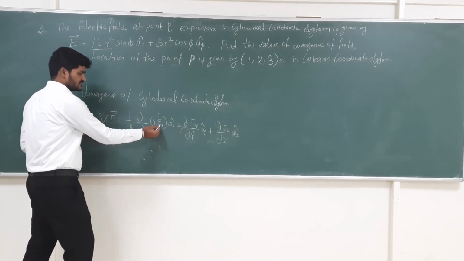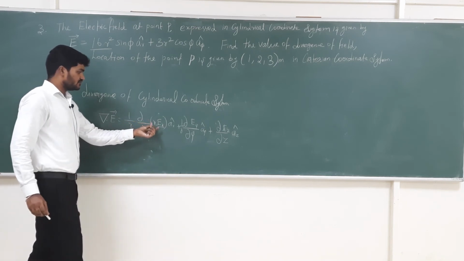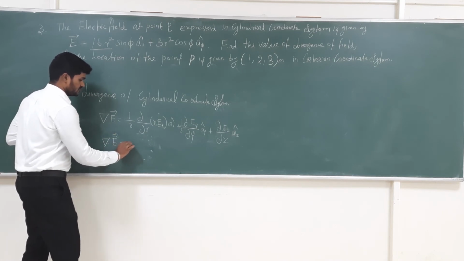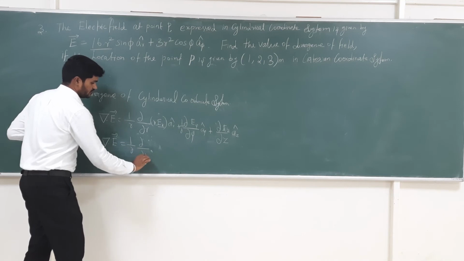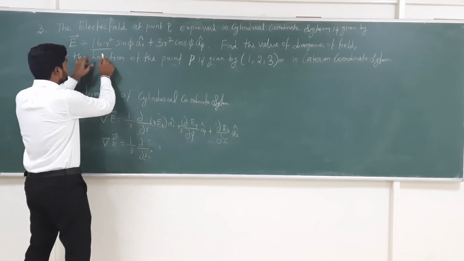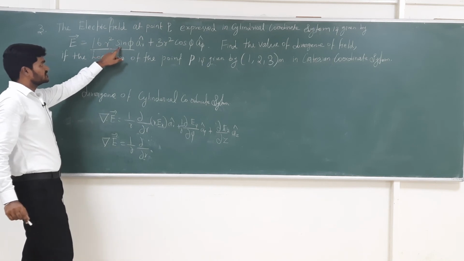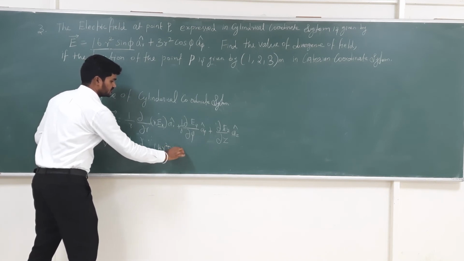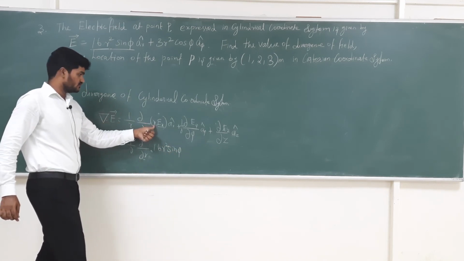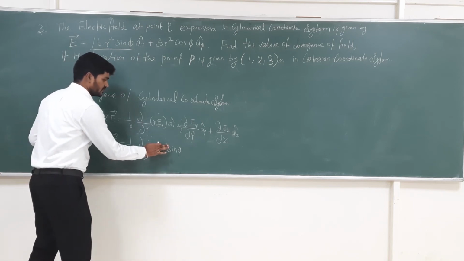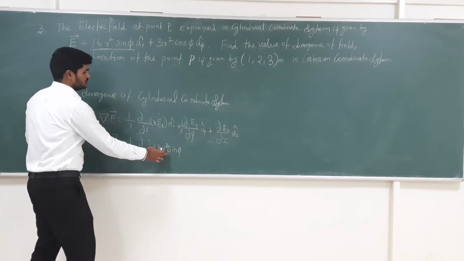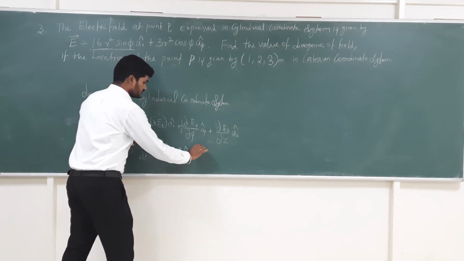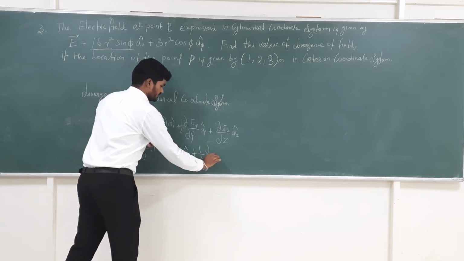The first term is E_r, so substitute the magnitude value in the r direction. Del dot E vector: 1 by r ∂/∂r. The magnitude in the r direction is 16 r square sin φ. Here one more r is there, so multiplying with this function it becomes r cube. So 16 r cube sin φ a_r, plus 1 by r ∂/∂φ.